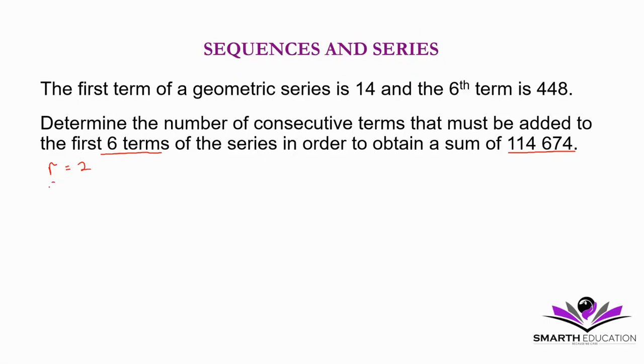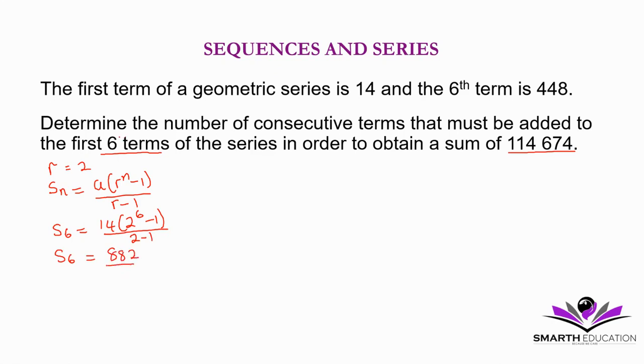And then Sn is equal to a(r^n - 1)/(r - 1). So the sum of the first 6 terms: the first term is 14, then r is 2, then n is 6, over 2 minus 1. Sum of the first 6 terms is 882.